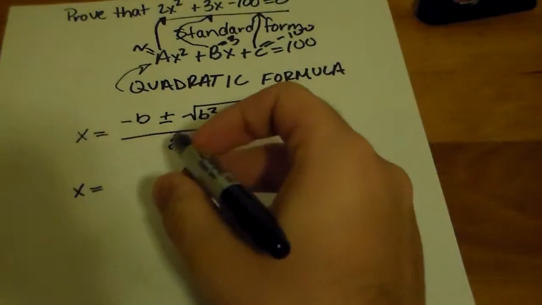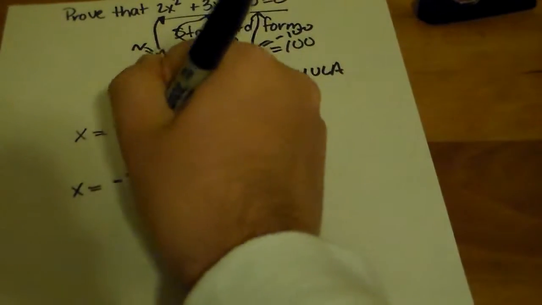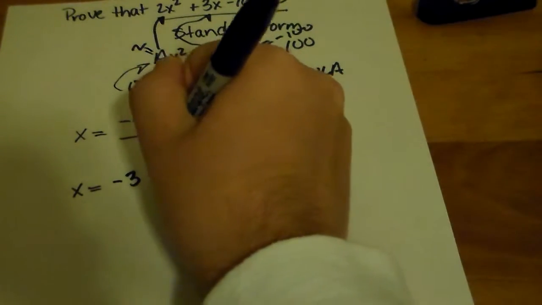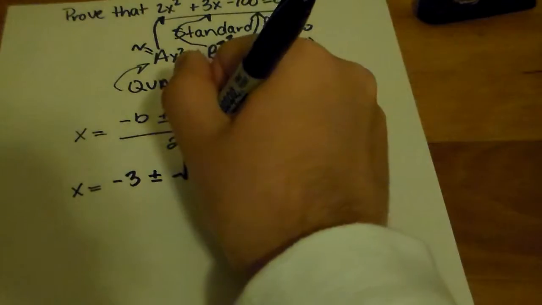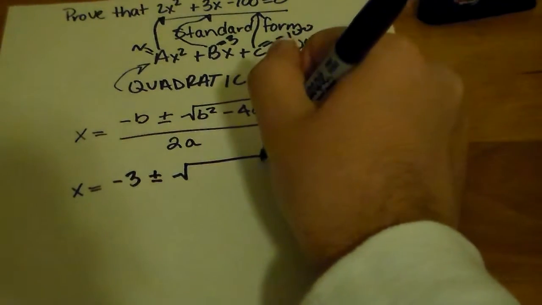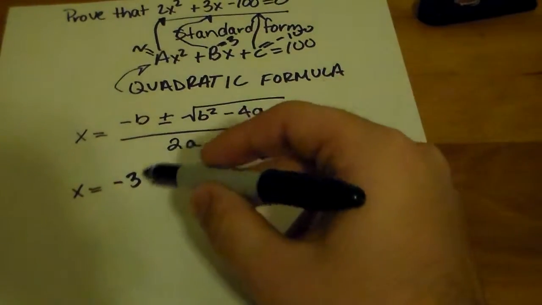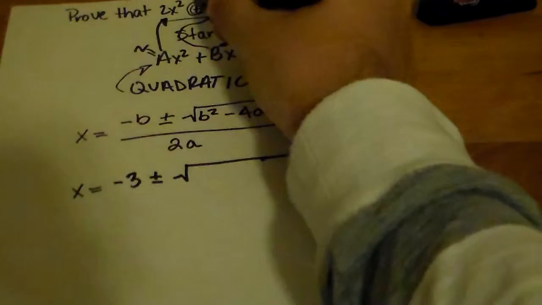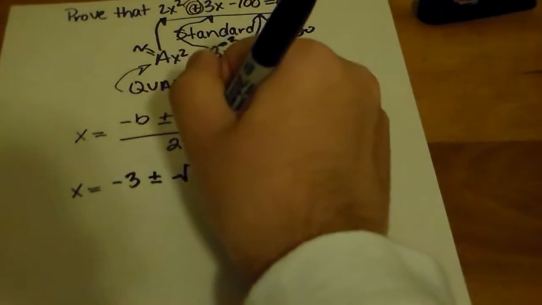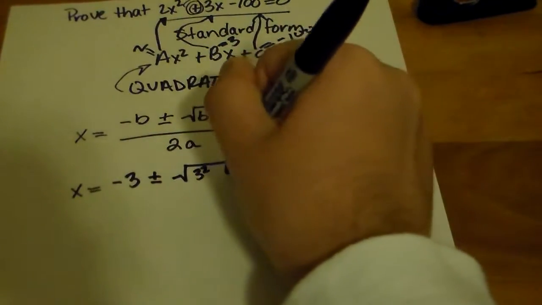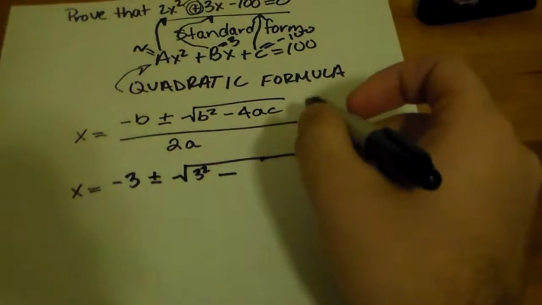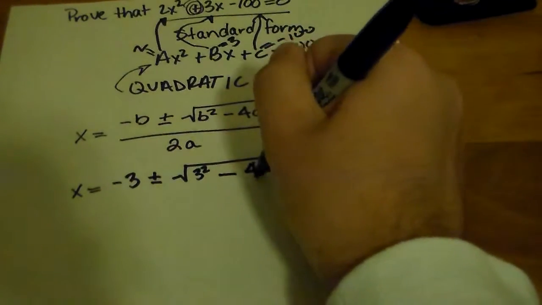So we do negative b. B in this equation is 3, so we write negative 3. Then we do plus or minus the square root. Let's make that a little bit bigger. B squared, we just put in 3 without the negative, so it's 3 squared minus, then we write 4.